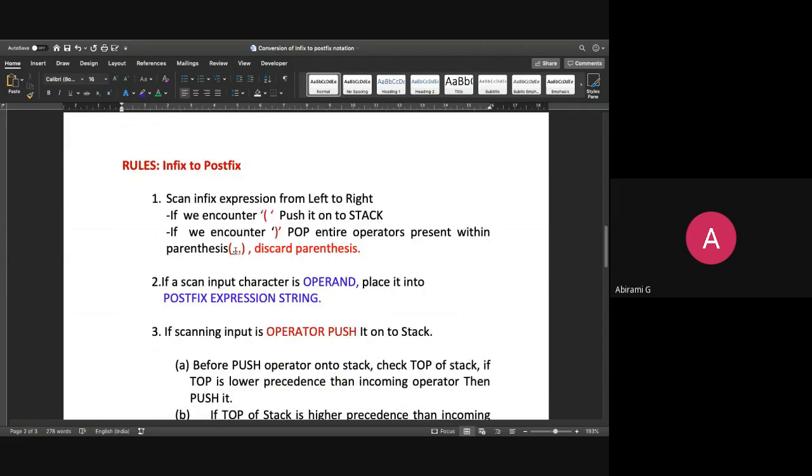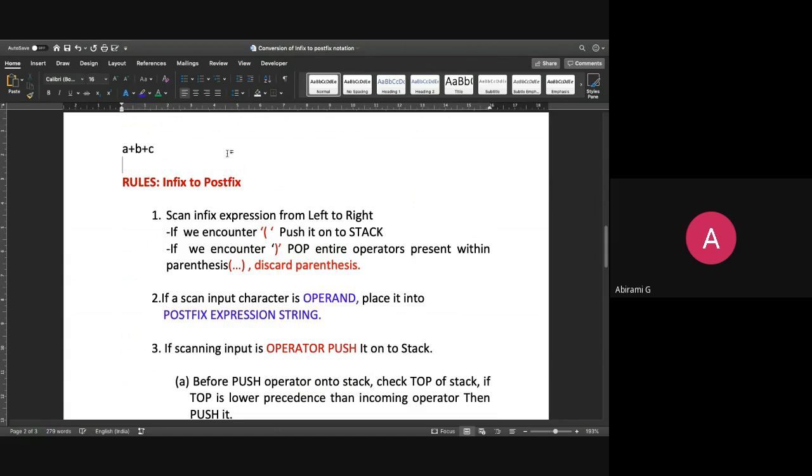What are the rules to be followed for converting infix to postfix? First one, scan the infix expression from left to right. Suppose we have one expression like a + b * c - d. This is the given infix expression.